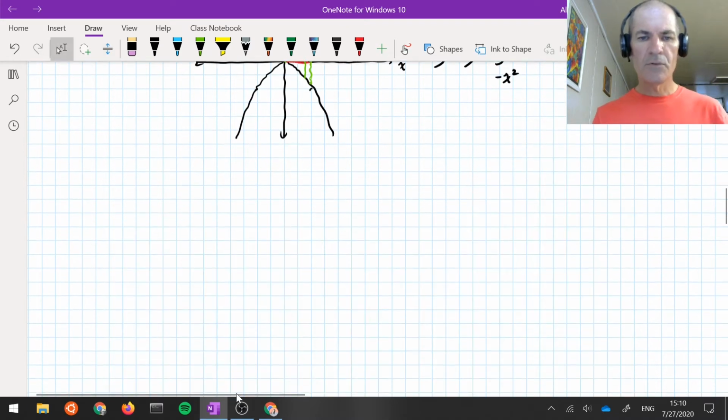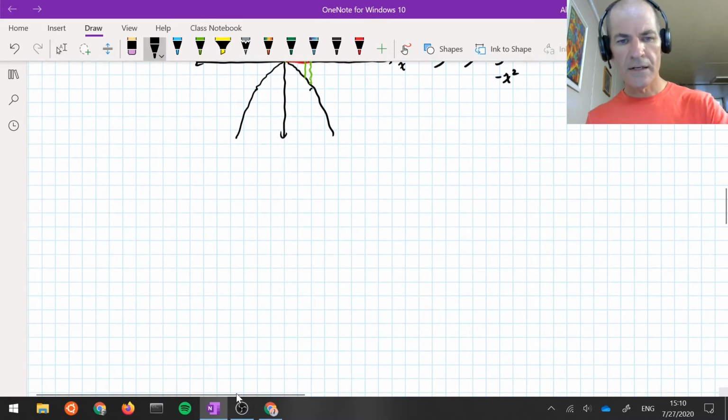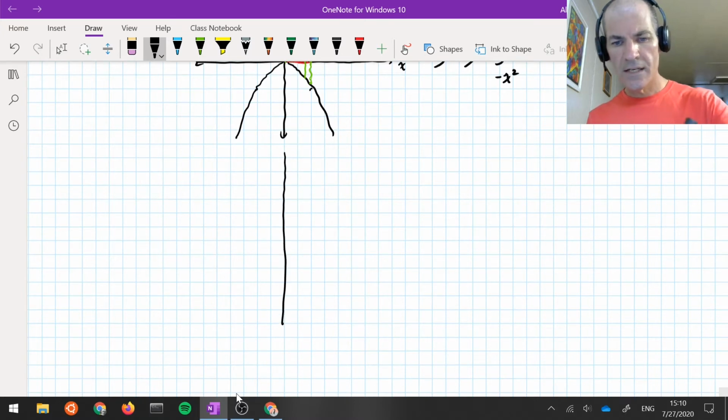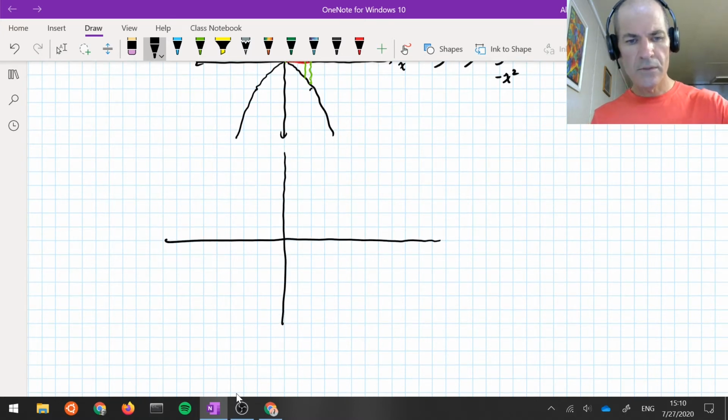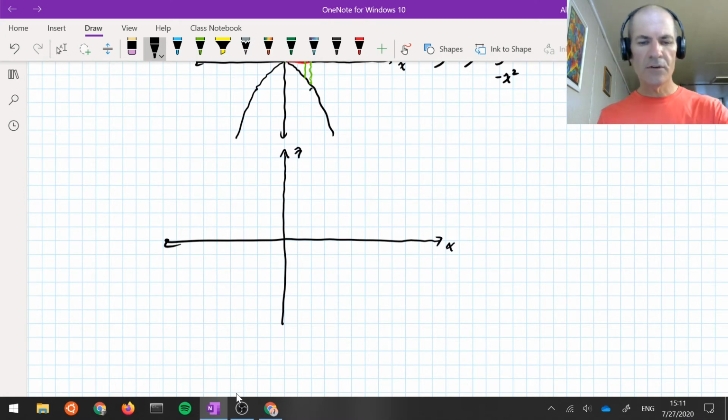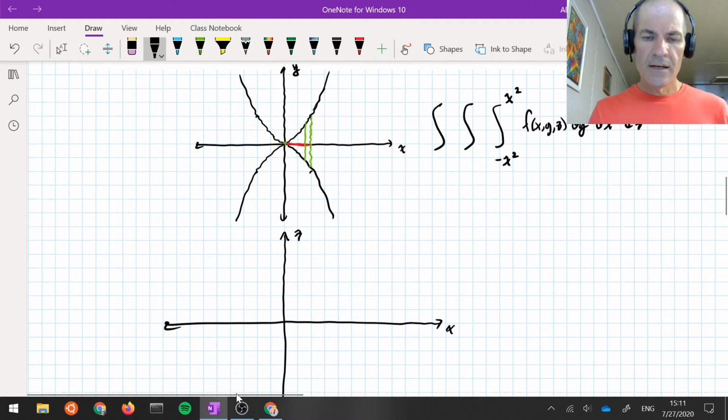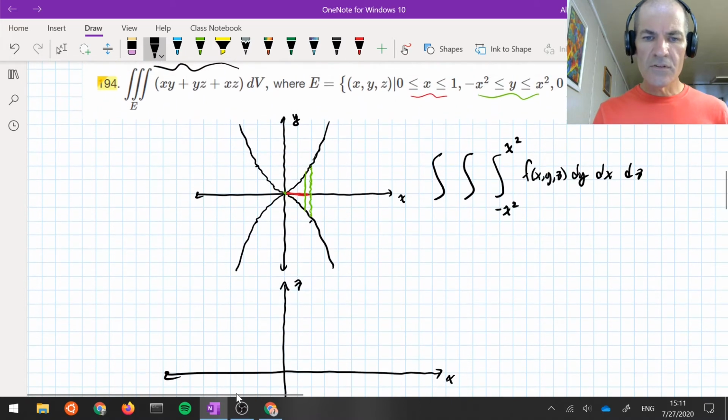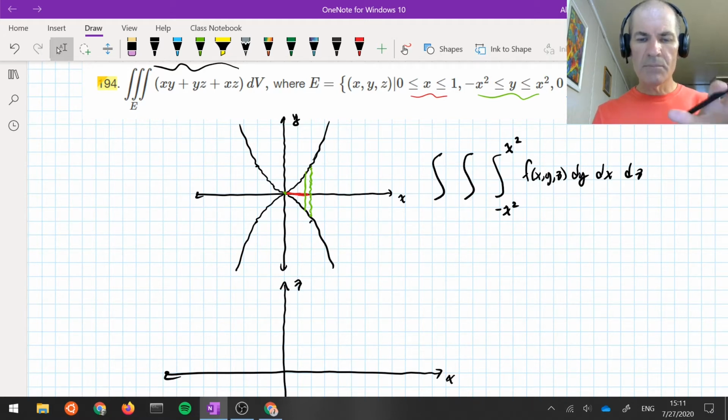And this might help you visualize what's going on. We take this region of integration, and now we look at the x, z plane. We've accounted for y. Can you imagine where this lives? This is a cylinder whose base is sitting in the xy plane, and that goes up to the plane z equals 1.